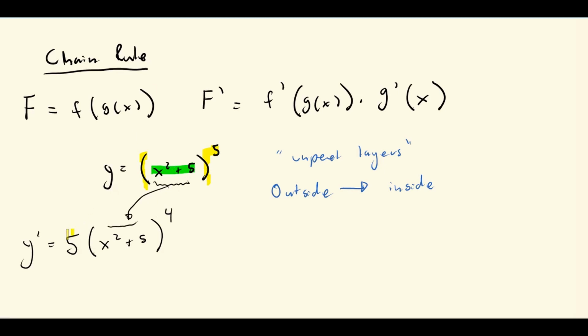So taking the derivative of the outside function, we get 5 times whatever was inside to the 4th power. Then looking at the inside function, the chain rule tells us that we have to take the derivative of it and then multiply it. So the derivative of x squared plus 5 is 2x.